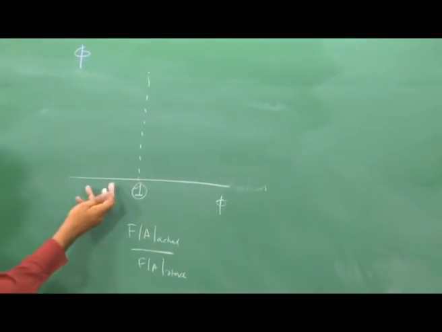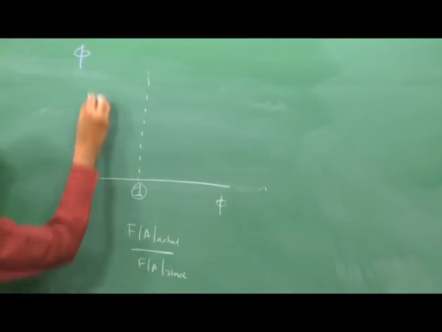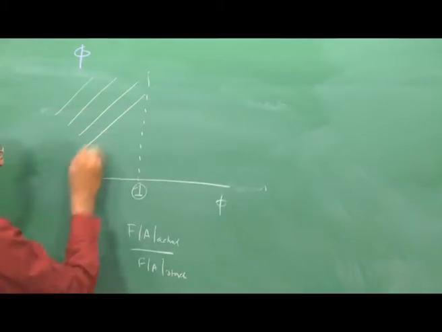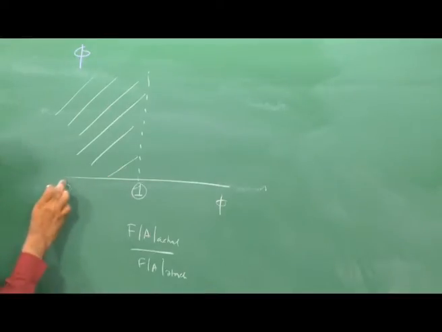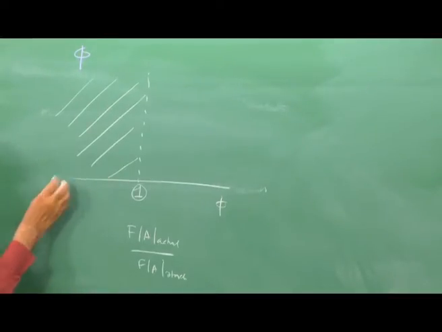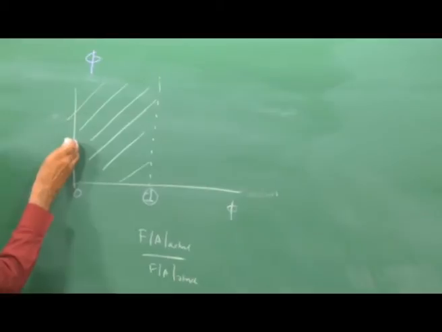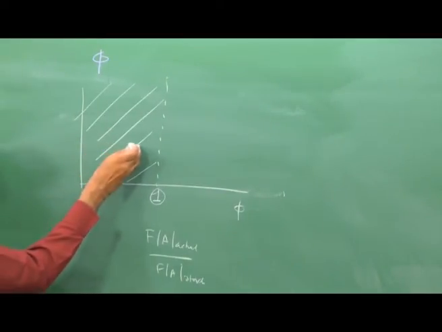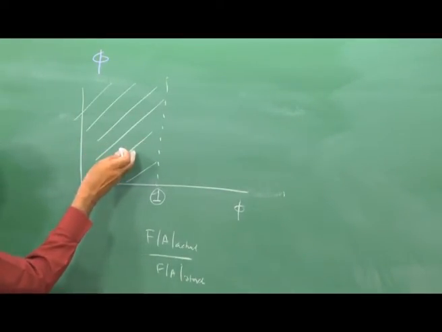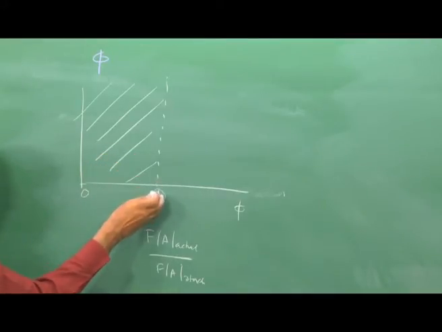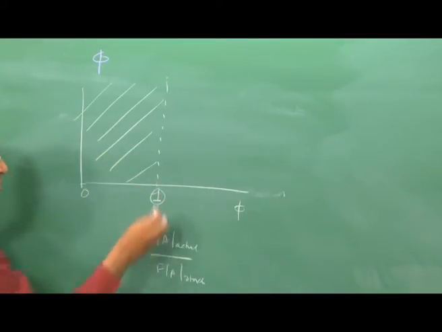If the phi value is less than 1, what does it mean? I have less fuel, and therefore the values between 0 to 1, when the fuel air ratio is 0, which means I have no fuel at all, I keep on having fuel, which is fuel lean or, let us say, oxidizer rich. If phi is greater than 1, I have more fuel than stoichiometry.